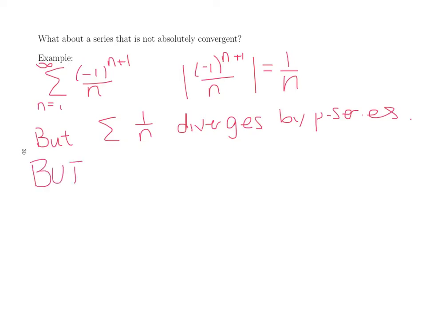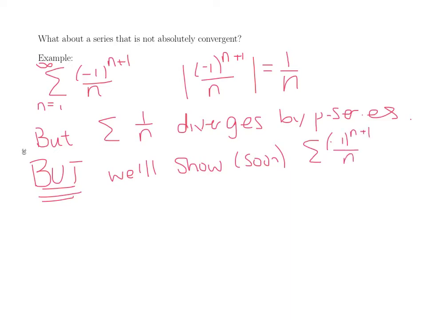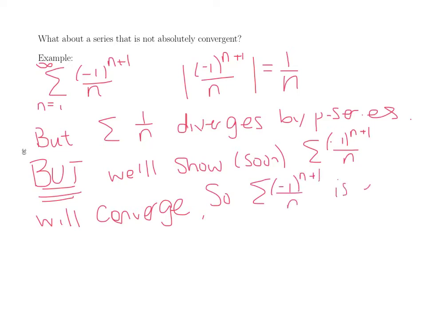But we're going to show soon, in the next couple of slides, that this series, (-1)^n plus 1 over n, will converge. So this is a conditionally convergent series.